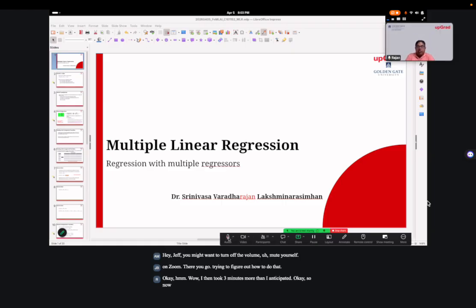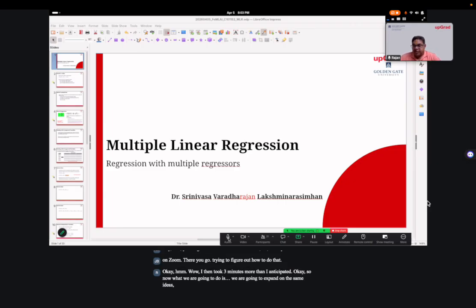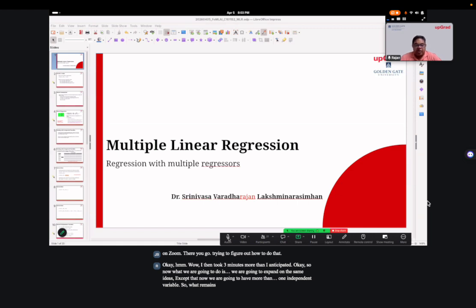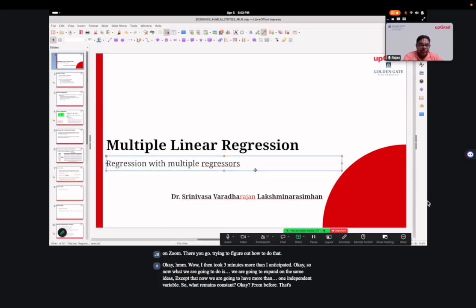So now what we are going to do is we are going to expand on the same ideas, except that now we are going to have more than one independent variable. So what remains constant from before? That's a very important thing to know.